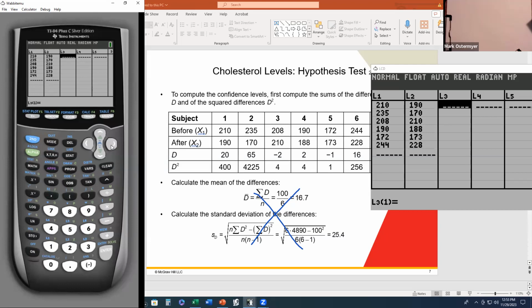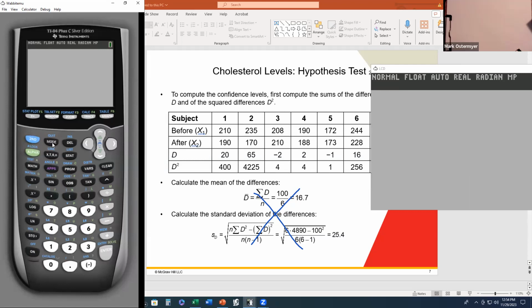Now all you got to do is move your cursor to list 3, move your cursor up onto the name of list 3, and let the magic take place. All we got to do is say we want to take list 1, second 1 minus list 2, second 2. And list 3 is populated with the differences. Now all we have to do is go to 1var stat and find all the statistics for list 3.